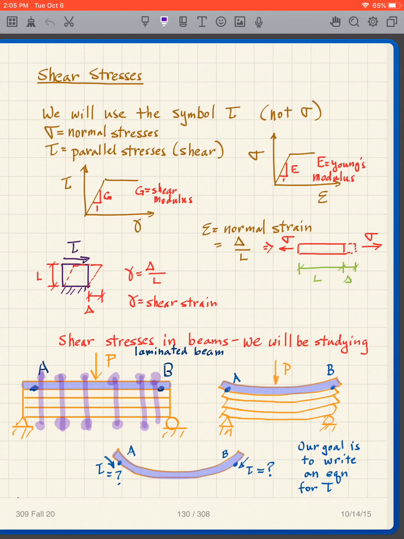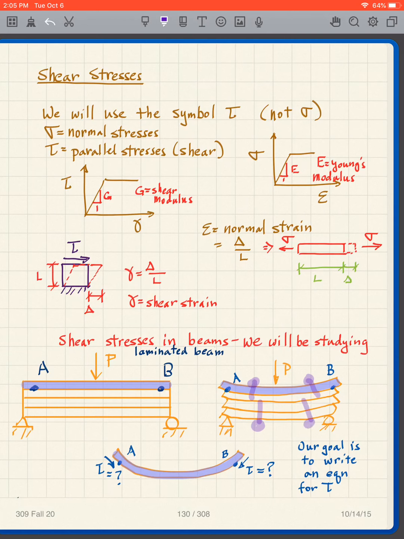So in other words, if I get sliding, for instance, I have a bolt here, and if I get sliding there, what's going to happen is that bolt is going to do something like that.